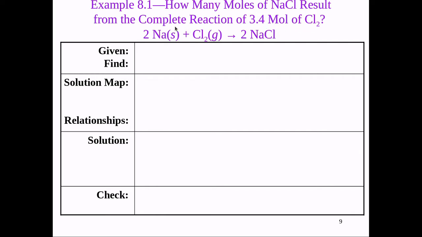That assumes that we have more than enough sodium. So the only thing limiting this is the amount of chlorine gas. What information are we given? We're only given that we have 3.4 moles of chlorine gas in a chemical reaction. We're asked to find the moles of sodium chloride.